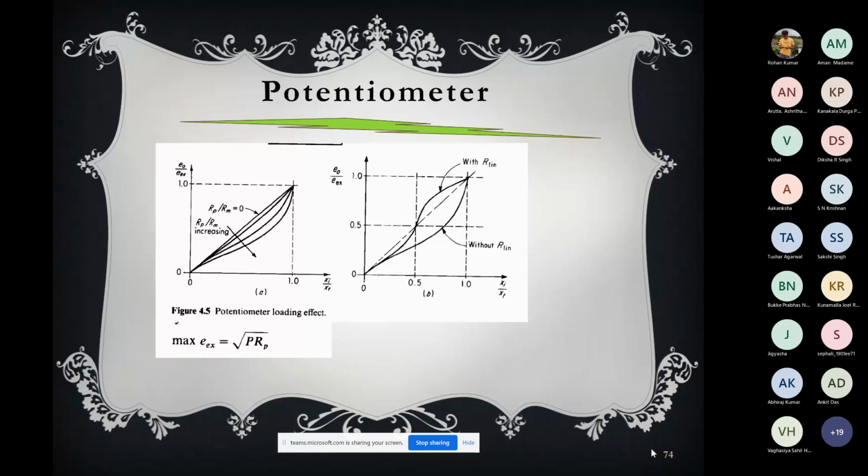So how can the sensitivity of this instrument be increased? You can simply answer that it can be increased if we increase the input voltage Ex, because as the input voltage increases, the output voltage will also increase, and we will get whatever sensitivity we desire.